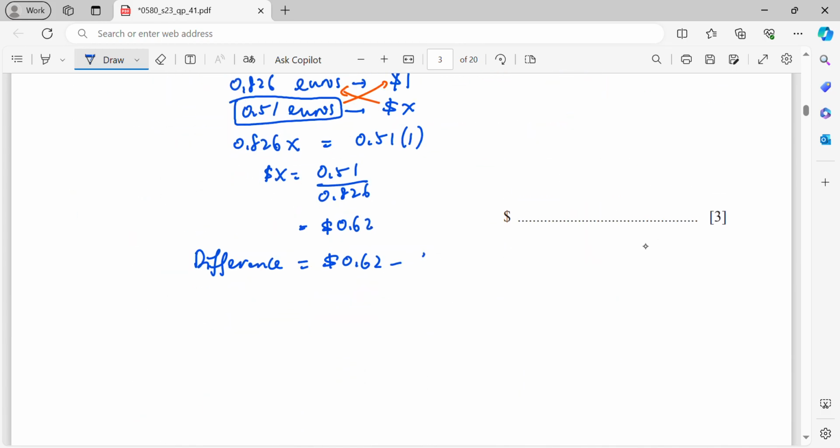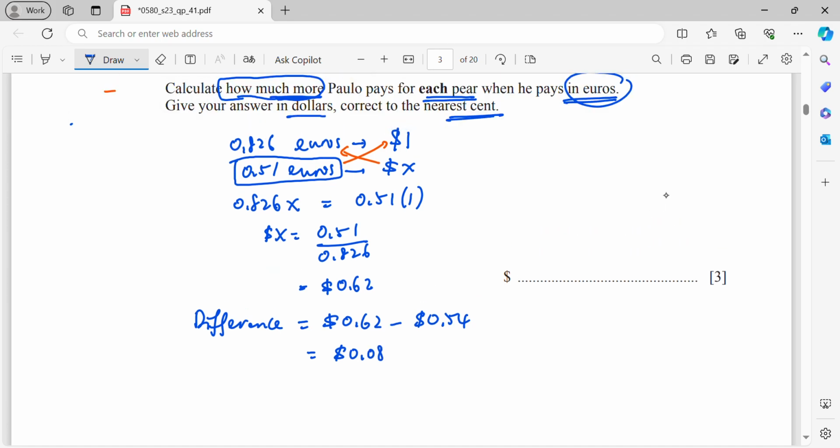So minus 0.54, then here you will be getting 0.08. So he has to pay extra $0.08, 8 cents. Okay, so that's all for this working.